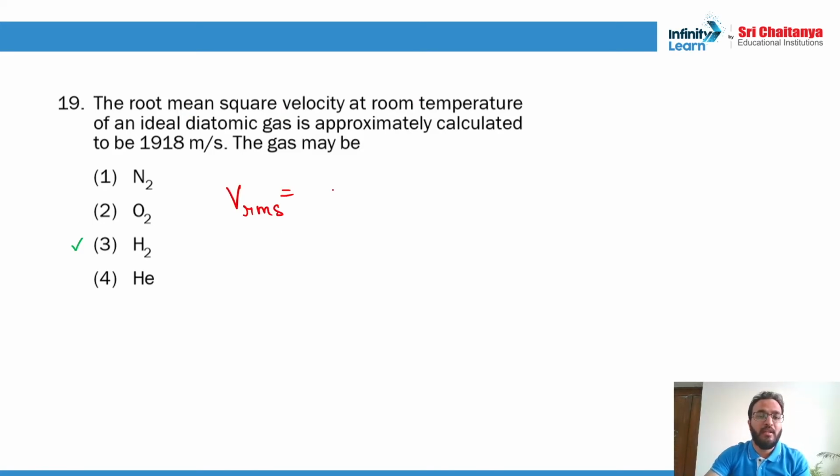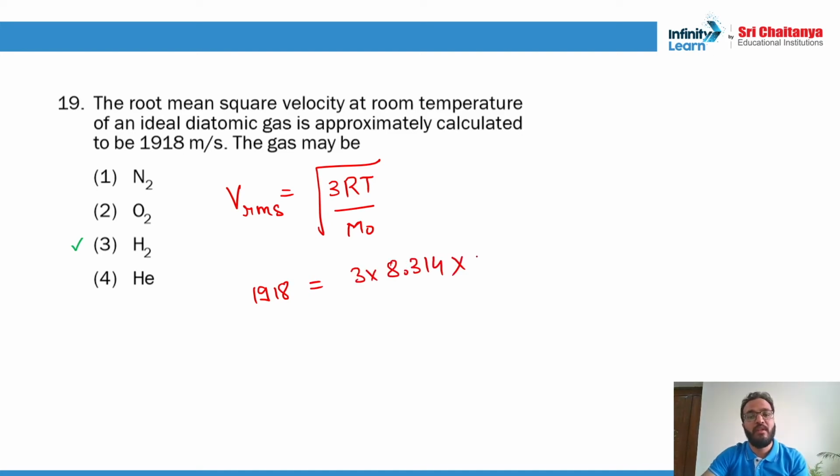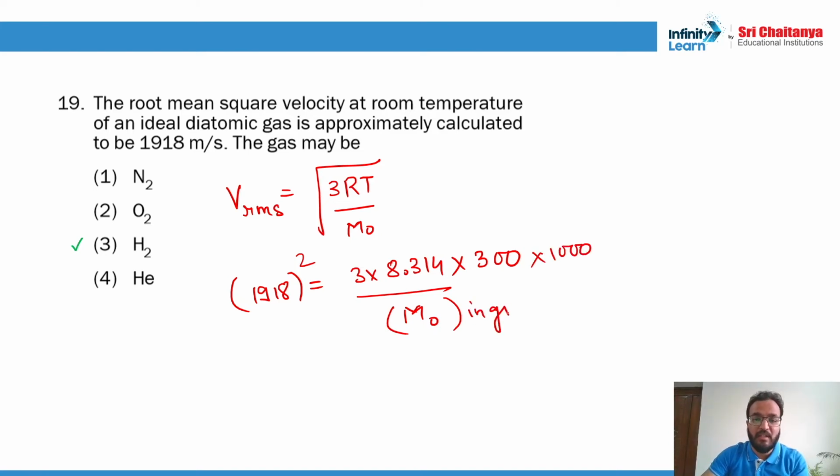VRMS, what is the formula? Root over 3RT by M naught. Okay, so VRMS is 1918, which is equal to root over 3 into 8.314 into 300 upon M naught, squared. Now don't forget that M naught should be in kg, but you want the answer in grams. So if you want to convert this kg into grams, multiply by 1000, and now this mass will be in grams.